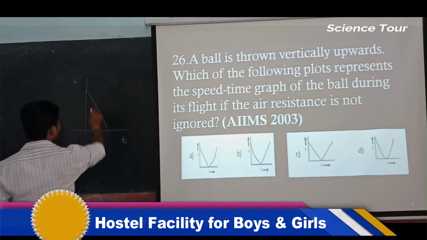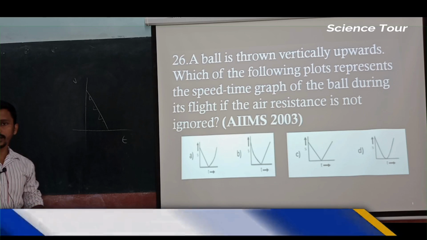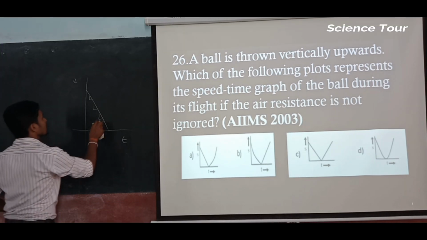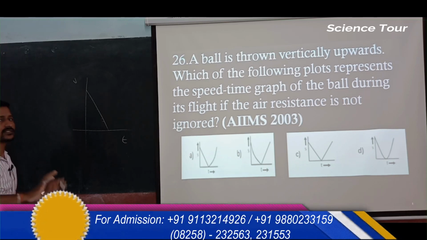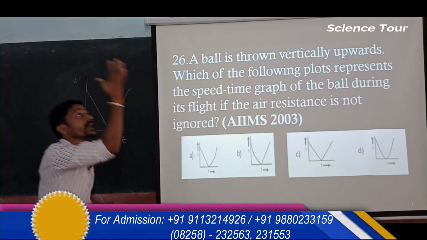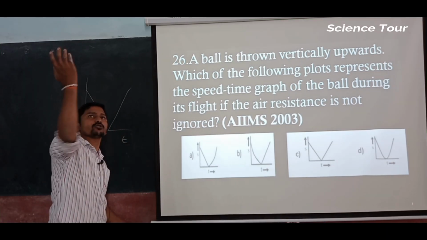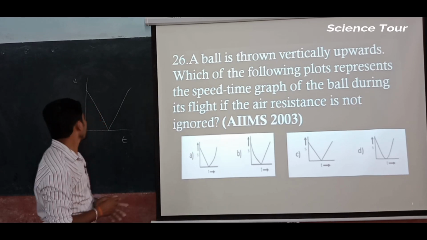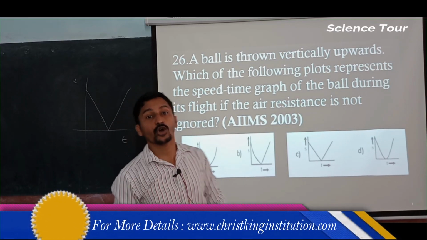Wherever you write down the graph, you must get constant acceleration, right? Now it is falling, the same vice versa case, because when I catch that ball or object, it attains the same velocity with which I have thrown it. It is like this, only when air resistance is not considered.